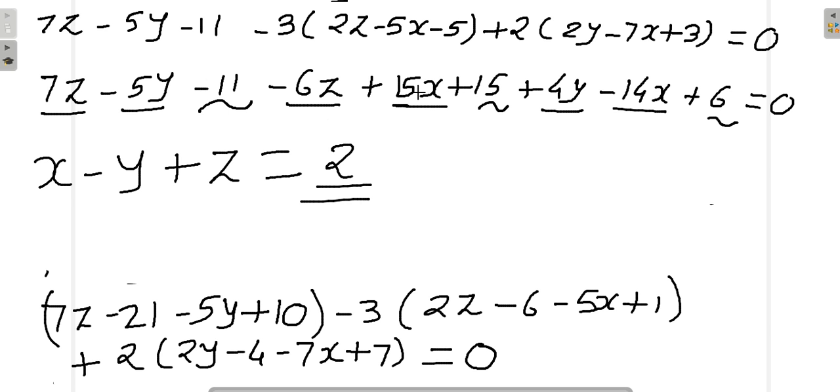So here this must be minus 6. There must be a mistake here. Please see if you can spot it, but this is the way you solve the sum.